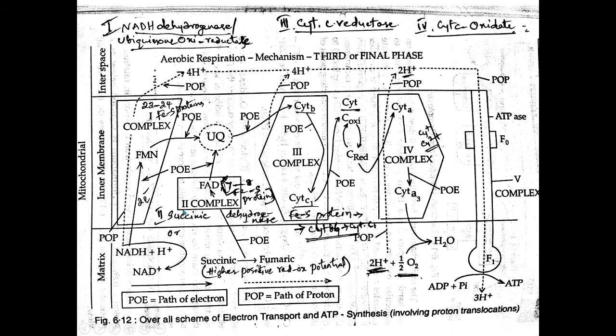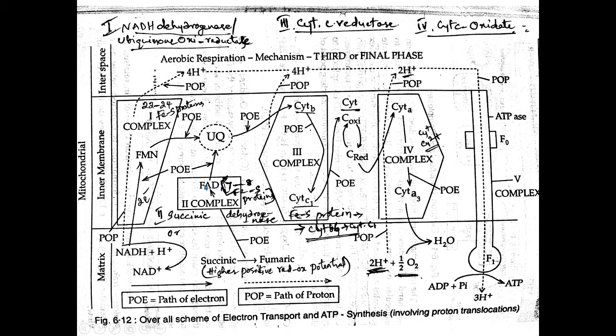And we have enzyme complex 2 also. The FAD formed in the Krebs cycle doesn't enter into complex 1, it enters into complex 2. Here you can see that from complex 2, FAD is the primary acceptor of these electrons.